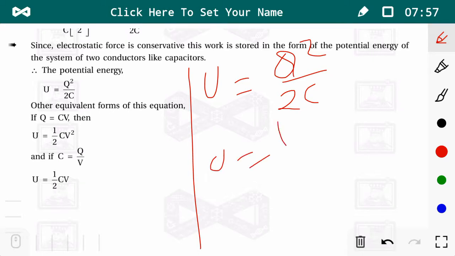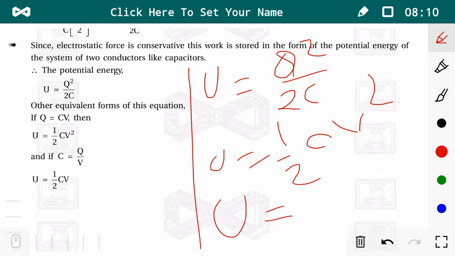U is equal to 1/2 CV square, and the third one is U is equal to 1/2 QV. These three kinds of formula, please remember, these are very important for the numericals.